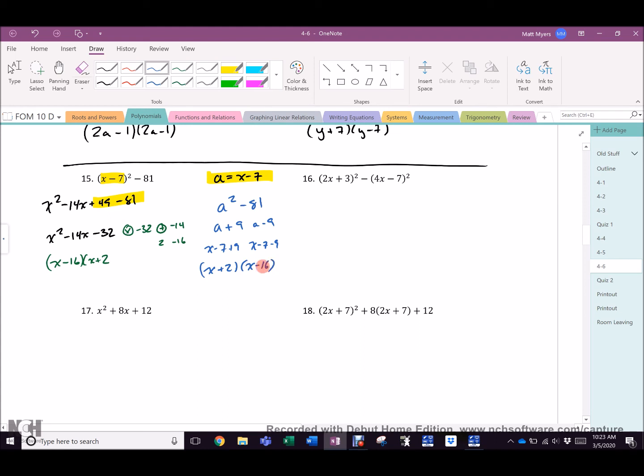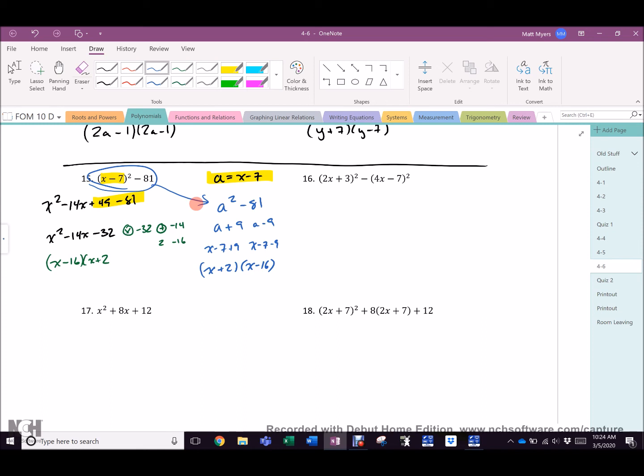Does everybody see that? It's a little shortcut. You still got to do quite a bit of work, but it makes this look much prettier. Do you have to? No, of course not. So let's look at 16.